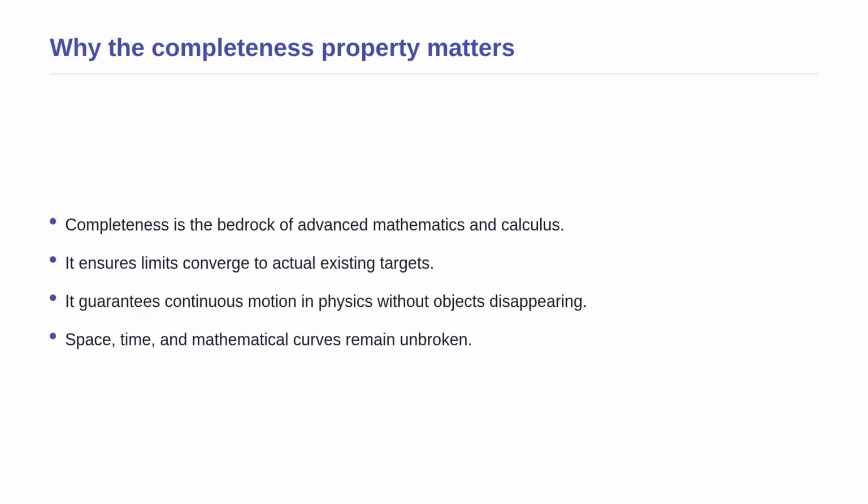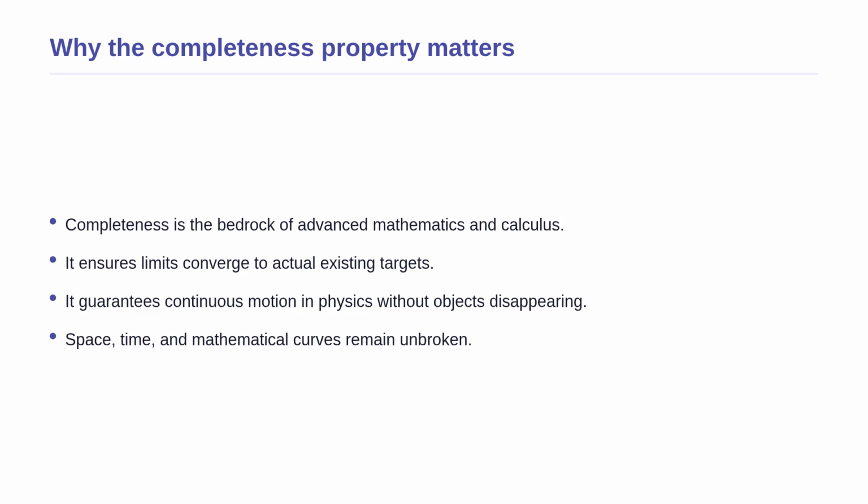Now that we have seen how the property fills the gaps, let us understand why this matters in the real world. The completeness property is the absolute bedrock of advanced mathematics and calculus. Without it, the concept of a limit would completely fall apart because a sequence of numbers might try to converge to a target that simply does not exist.